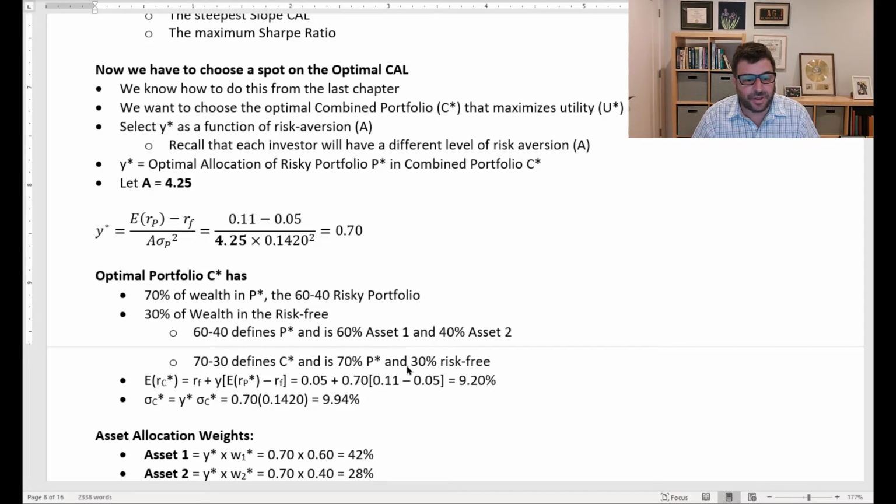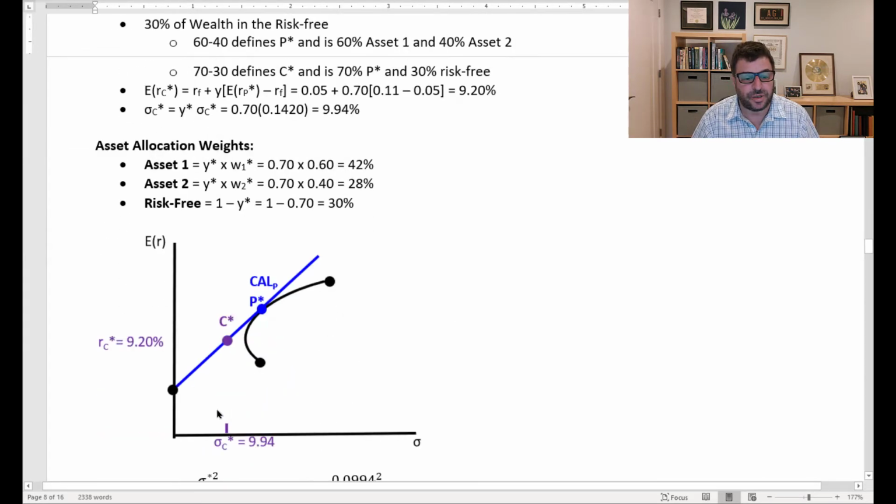And we can now calculate the risk and return for this optimal combined portfolio using the equations from the last chapter. I can see that I end up with a 9.2% expected return and a 9.94% standard deviation for the optimal combined portfolio. And so what we've done is figure out asset allocation weights.